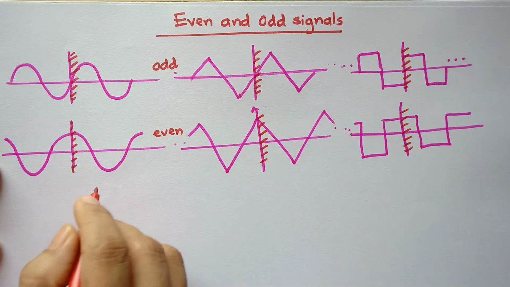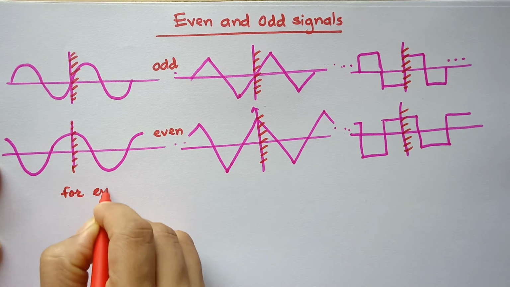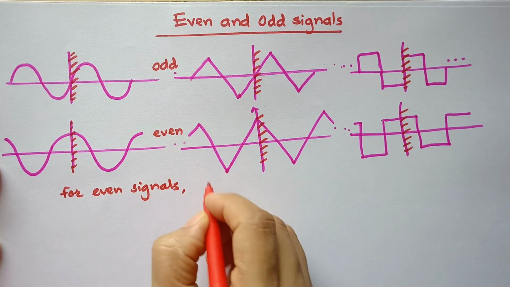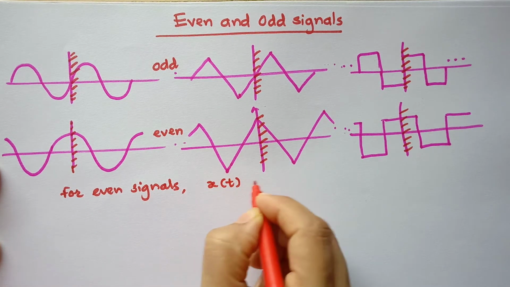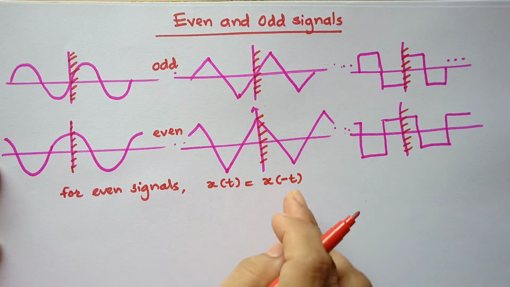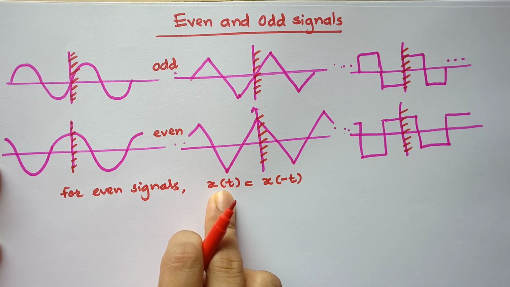So we'll write, for even signals, x of t is equal to x of minus t. The reflection of x of t is similar to x of t, then the signal is even.